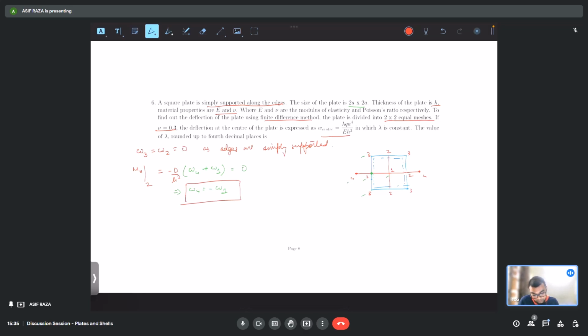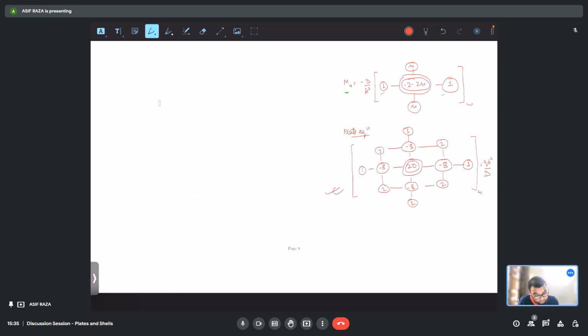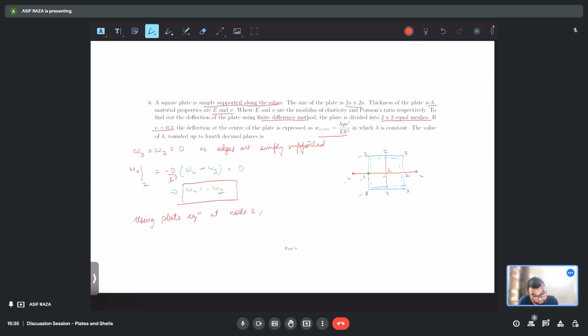Now we need to find the deflection at the center of the plate. So using the plate equation at node 1, we have the plate equation to be this, so we keep the node 1 there.